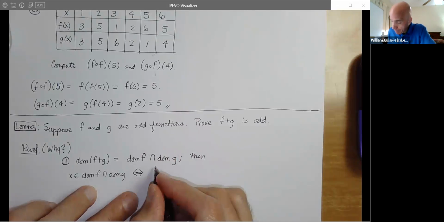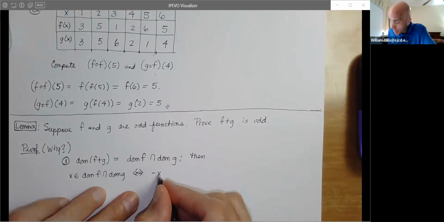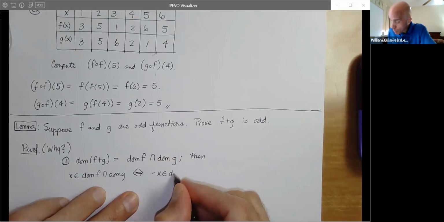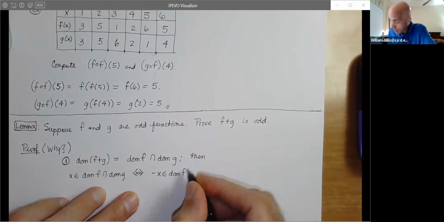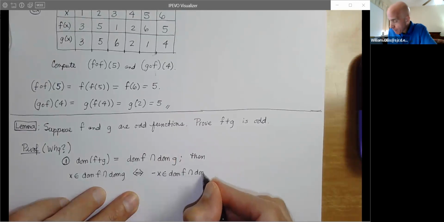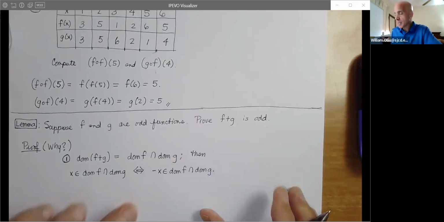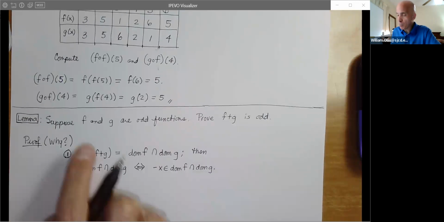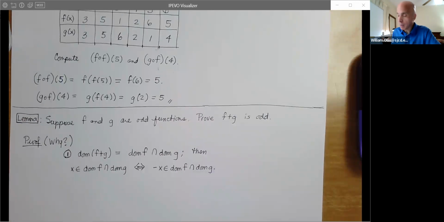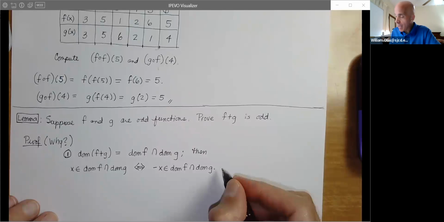Equivalently, negative x would be in both because by definition, they're both odd. So you get the symmetry by the fact that both of these functions are odd. So if x is in the intersection of both of these domains, which are symmetric relative to 0, then negative x must be in both. So we get that for free.